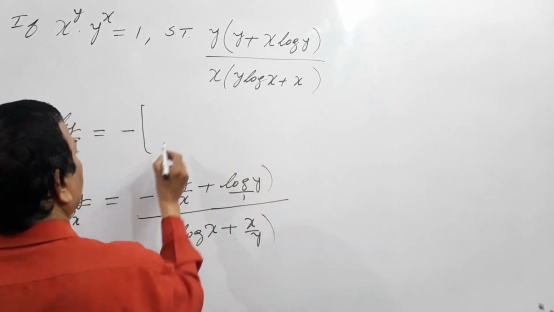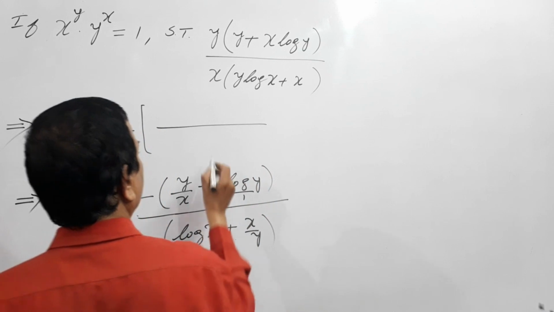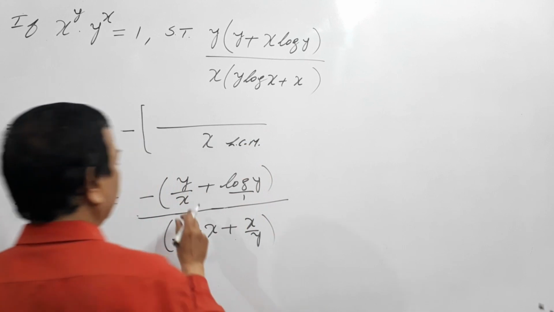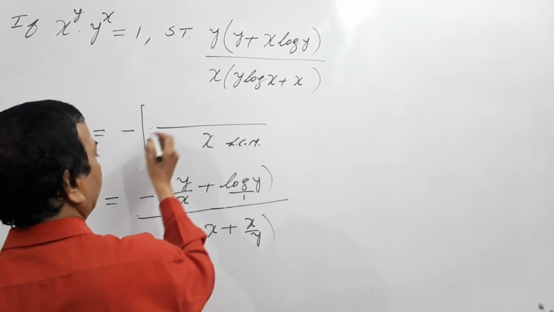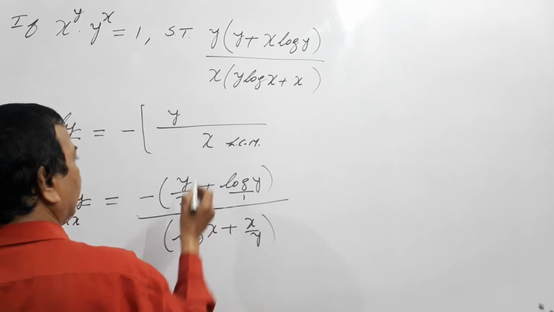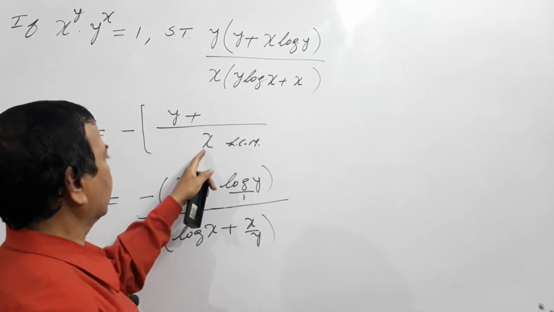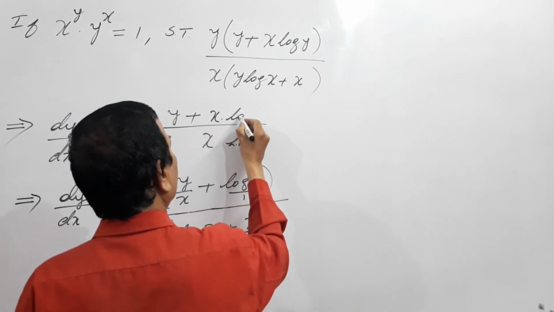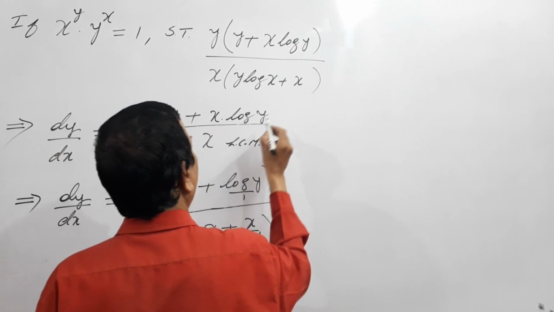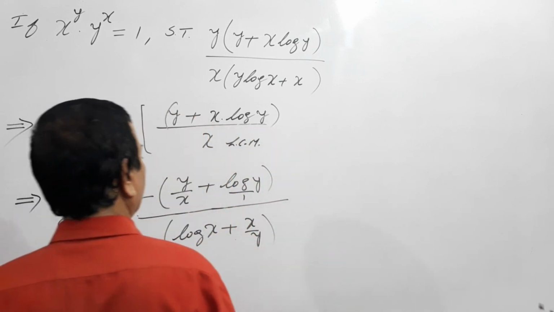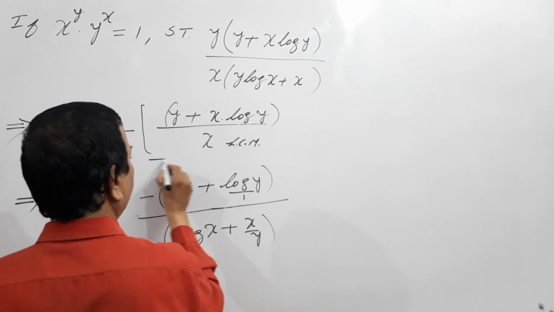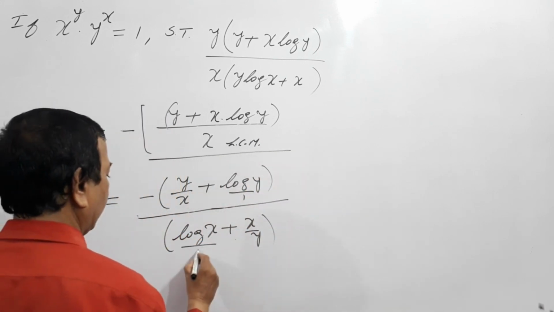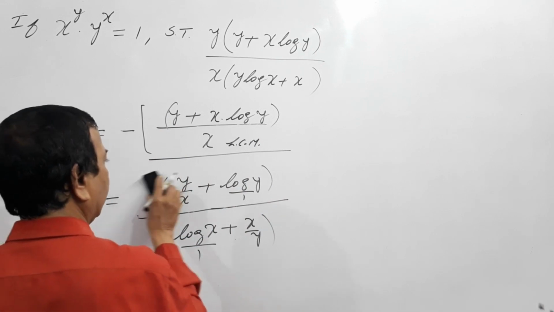Minus sign, I'll take this, so x is the LCM here, x goes one time, 1 into y plus x goes, 1 goes x times, x into log y divided by, we have here 1. So I'll rub this part, it is over.